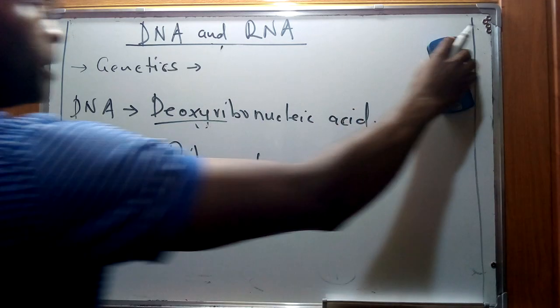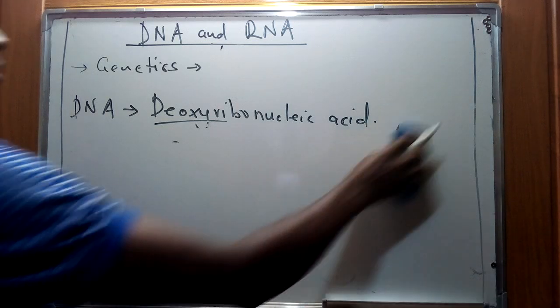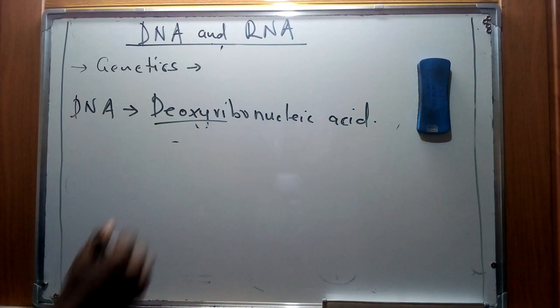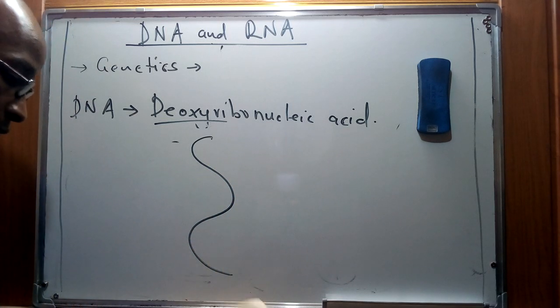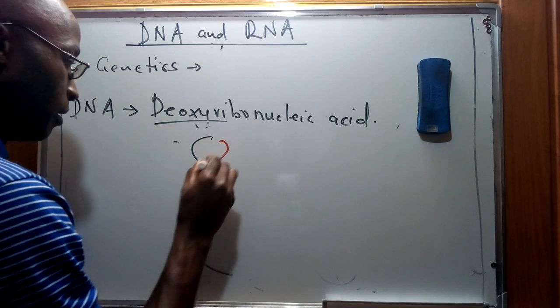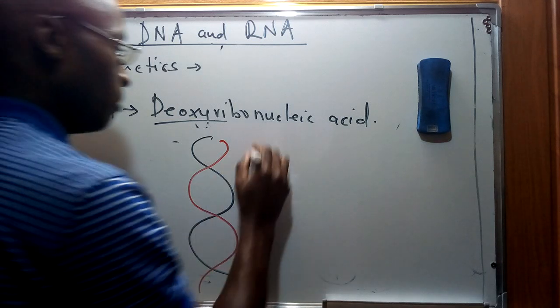Now, DNA is made up of a double helix strand, which appears in this form. It's the first strand and the second one appears in this form, and the strands twist and intertwine each other to form what we call a double helix.